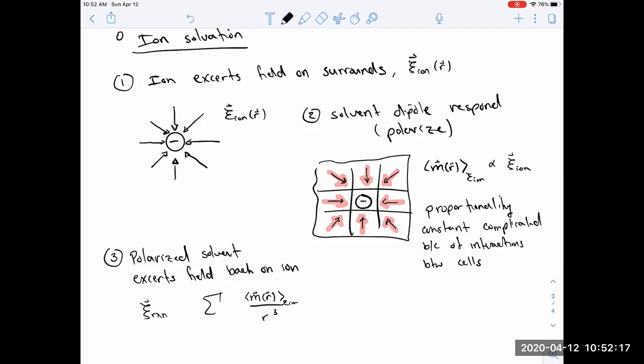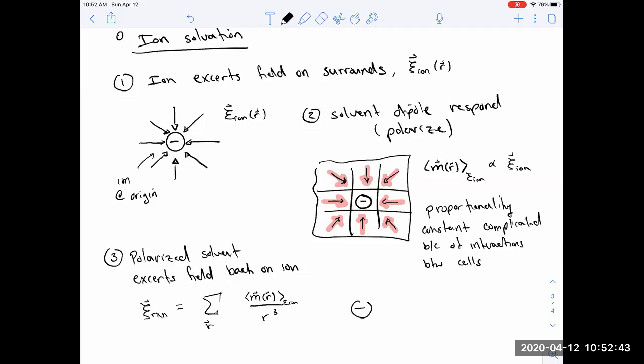Let's say this is the ion at the origin. So this is the field back on the ion at the origin. It's going to be due to the field generated from all ions in all other cells. So I have to sum over all of them.